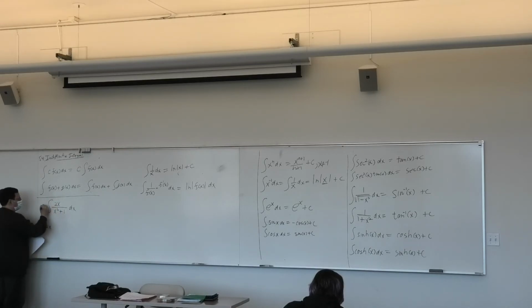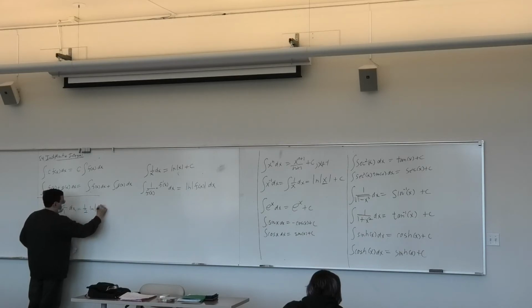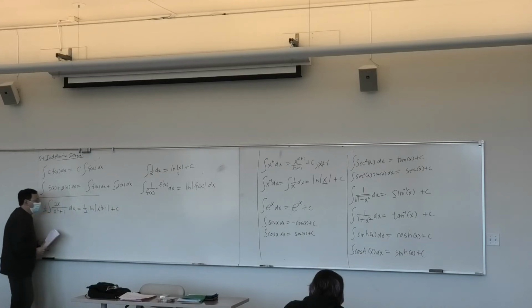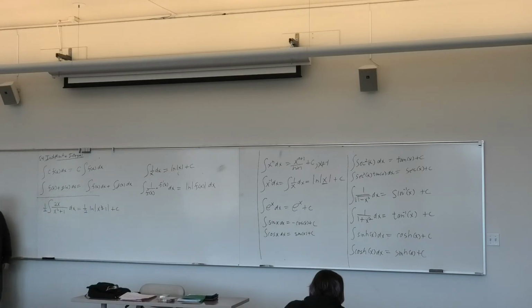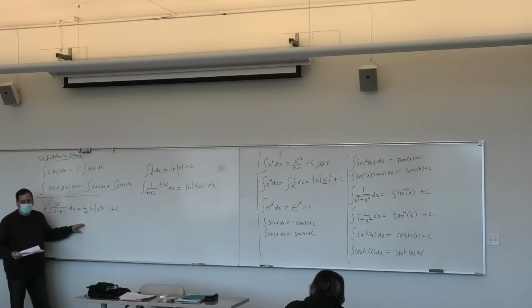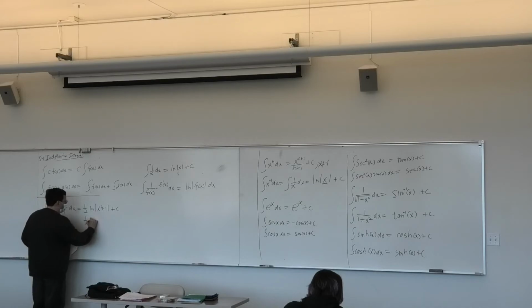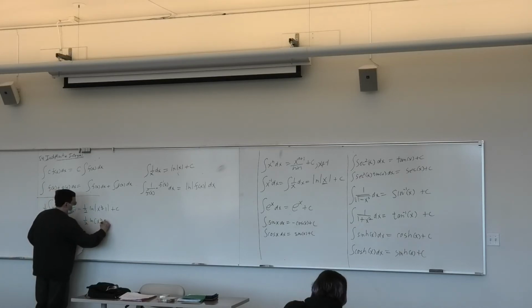We just put in a factor of 2 here and a balancing factor of 1/2. And that tells us this is 1/2 the log of the absolute value of x squared plus 1, plus c. Now, it's a good time to note, clearly we don't need the absolute value here, because this is always positive, so we can just write it this way.